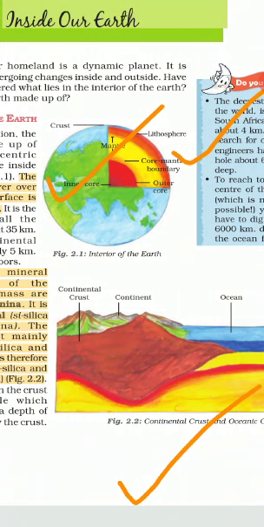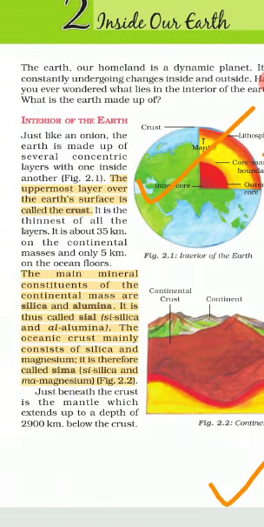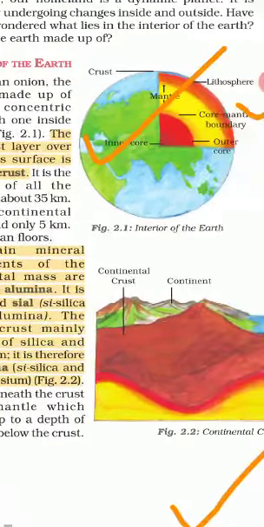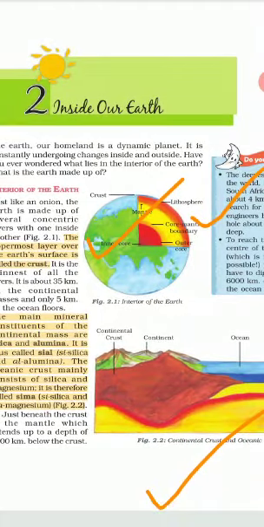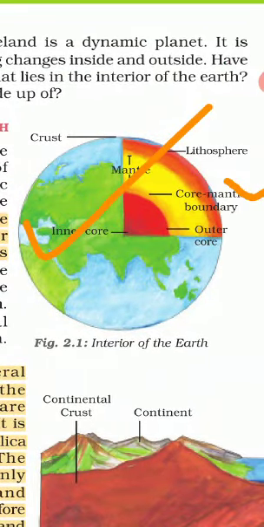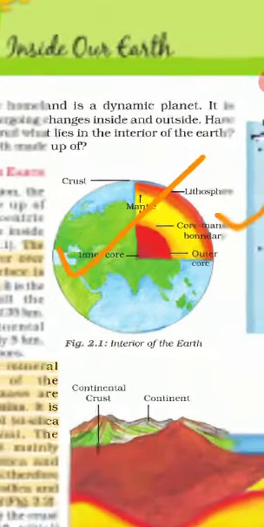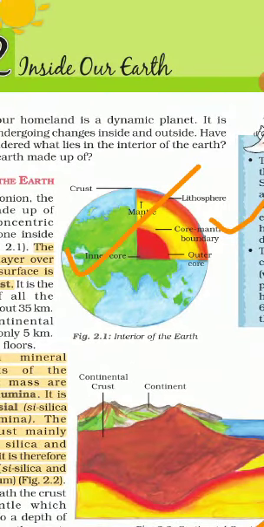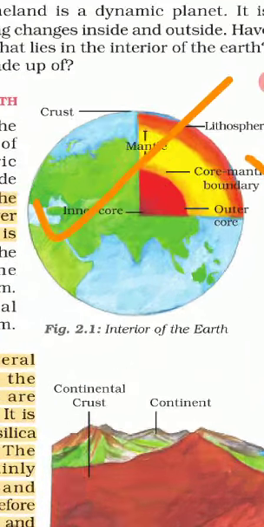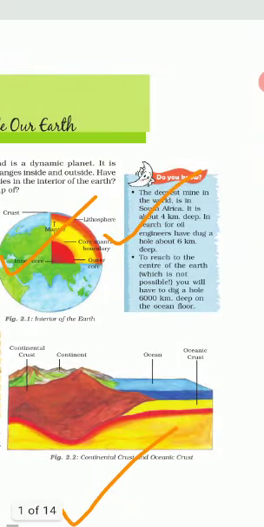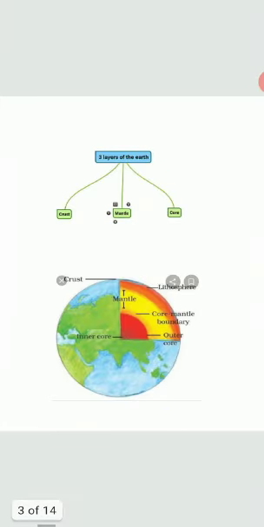These are very important diagrams, and this is going to give you the idea of what this is all about, why we are studying this chapter. When you draw this diagram, it will itself make you understand that this diagram is talking about 3 layers of the earth: crust, mantle, and core. So this is going to help you understand the chapter better, and you are not going to forget that. Okay.